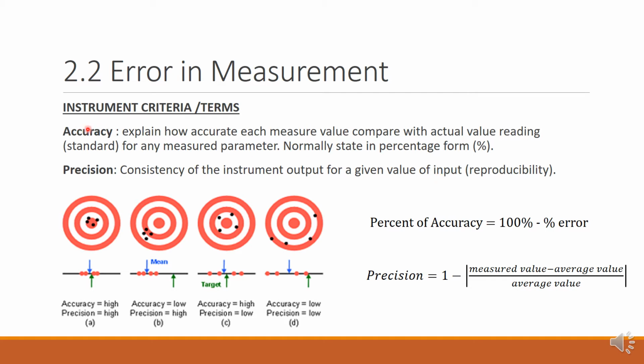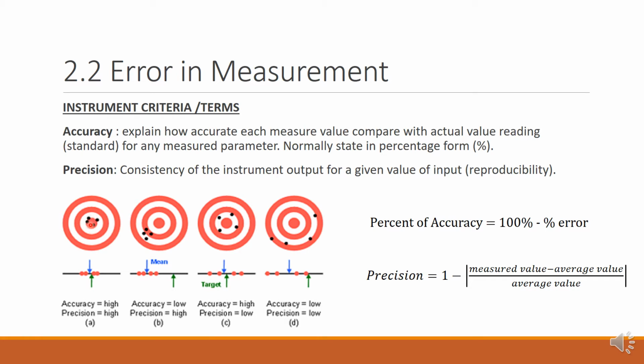For example, the most important criterion for instrumentation is accuracy. Accuracy is the degree of exactness, or the closeness of the measurement compared to the expected or desired value. Let us see the example in the pictures above. This is a target for your measured value, and this is your output. As you can see, your measured output is gathered towards the bull's eye.